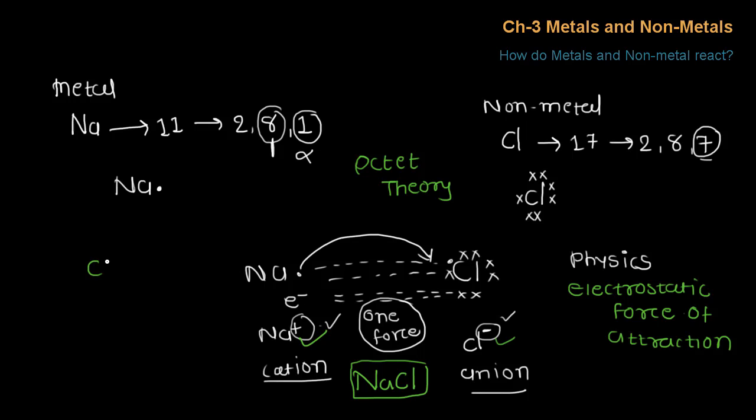In chemistry, the force that attracted the positive and negative charge is called a bond. In chemistry, we'll say this electrostatic force of attraction is a bond. We can also say the chemical bond.